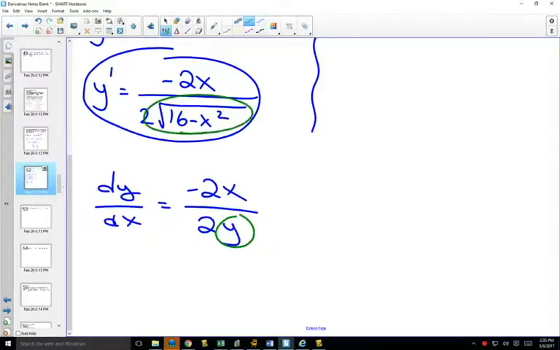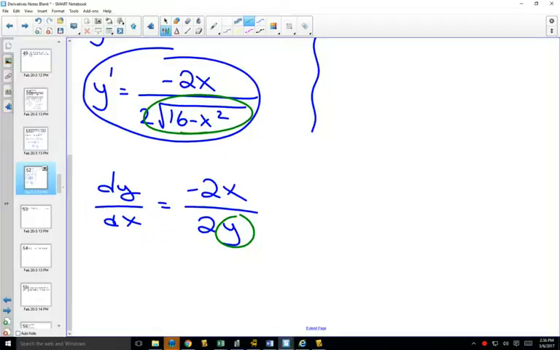Can you see that those are the same? Just in one case, I got y by itself and did the derivative. In the other case, I said, I'm just going to pretend that I could get y by itself, and then I'm going to find the derivative based on that without actually ever finding out what y is by itself.